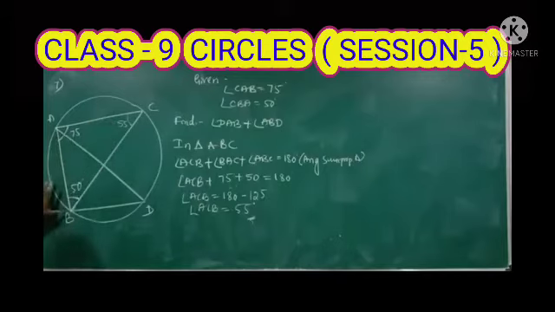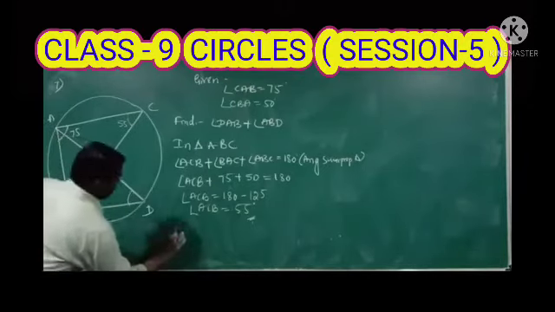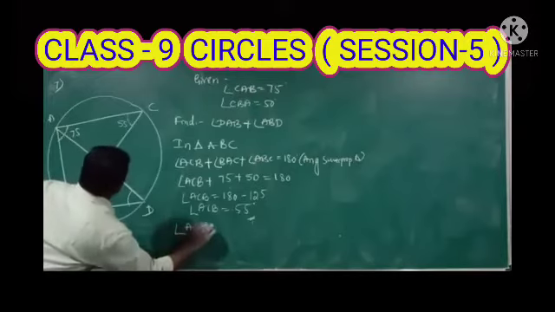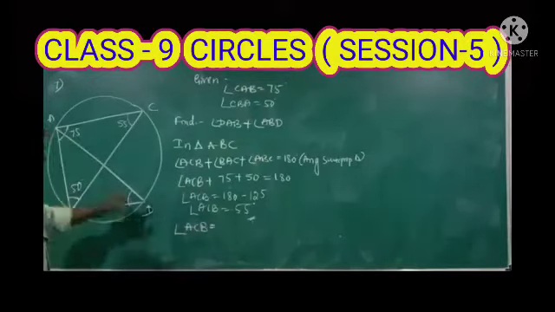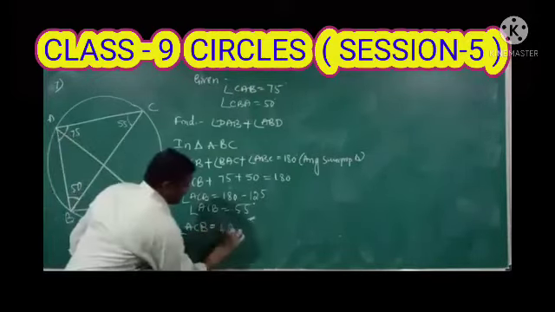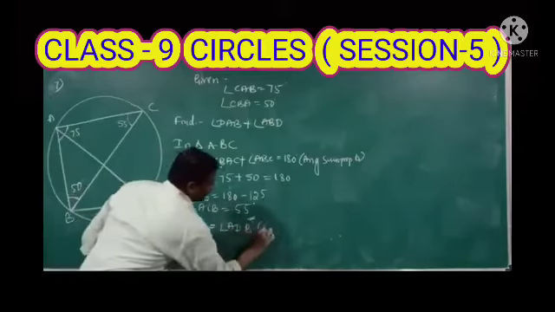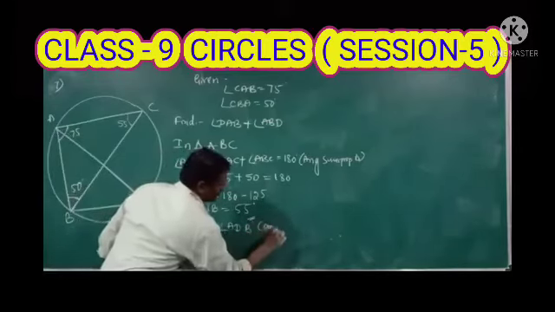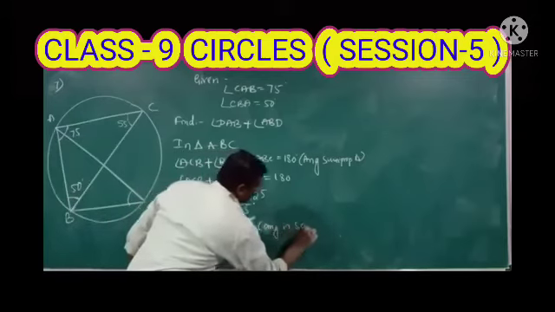If we consider AB as an arc and AB as a chord, these two angles, angle ACB and angle ADB: angle ACB is equal to angle ADB, angles in the same segment.